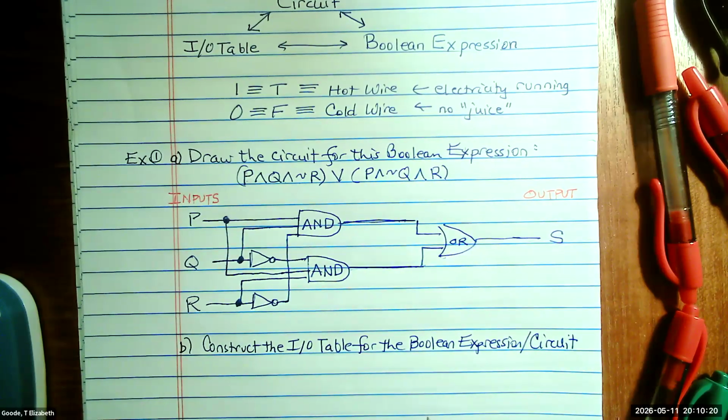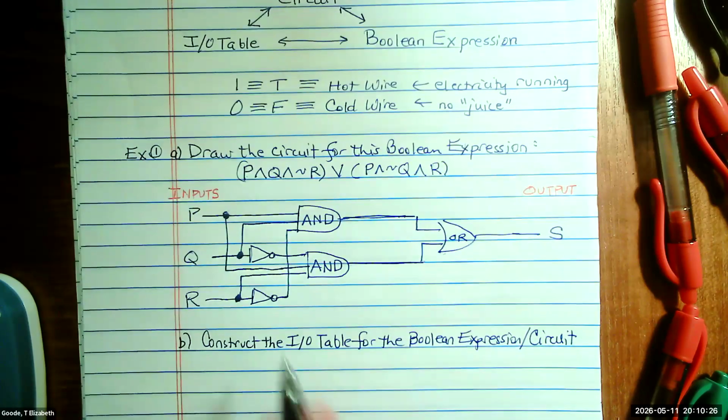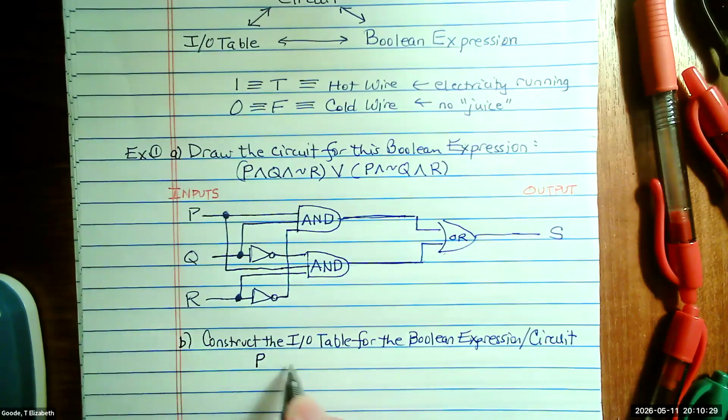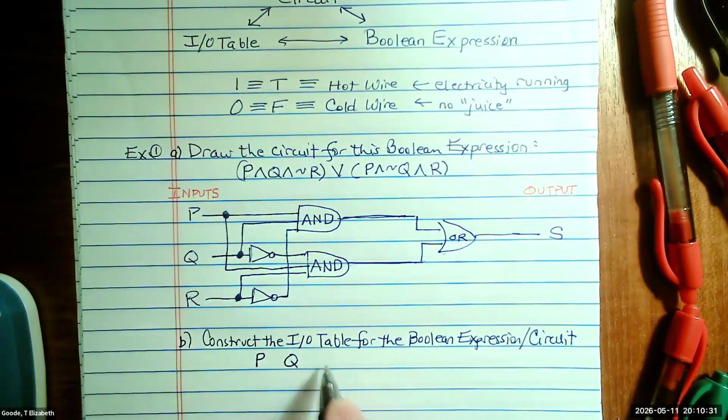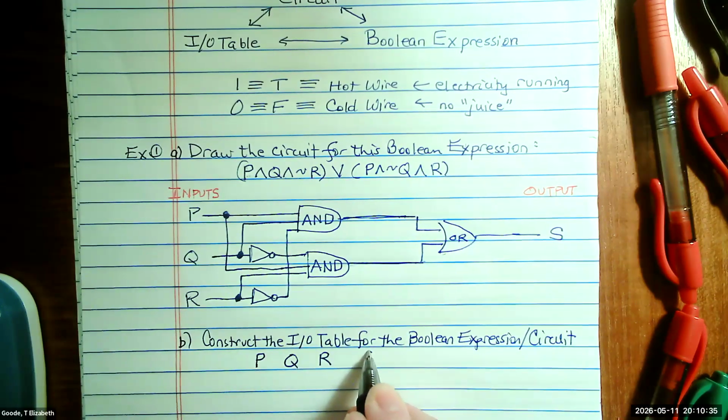And so this is when we remember, okay, we've got three different input variables, a P, a Q, and an R. So we'll need a column for P, a column for Q, a column for R. And our output column is S right there.